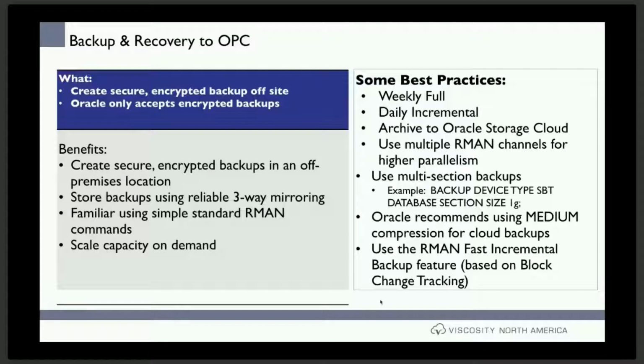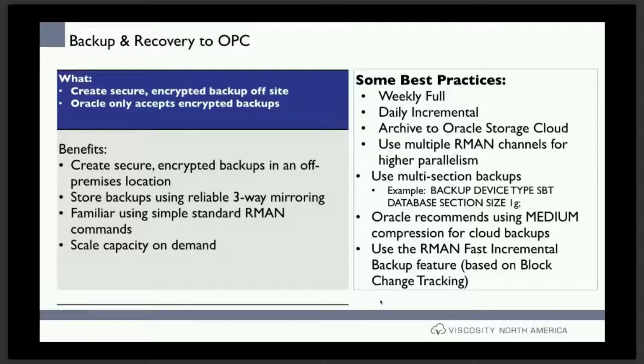And then if you have the requirement, or if you want to archive your backups for an extended period of time, you can actually move them to archival storage. Leverage multiple channels for a higher degree of parallelism for your backups. Leverage multi-section backups, right?